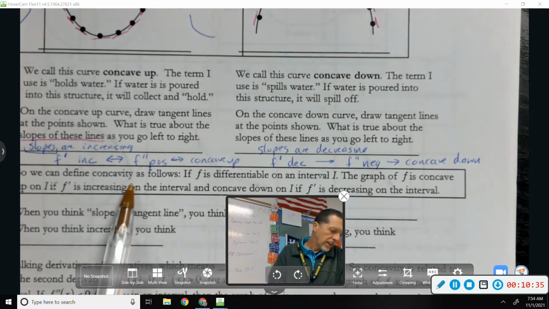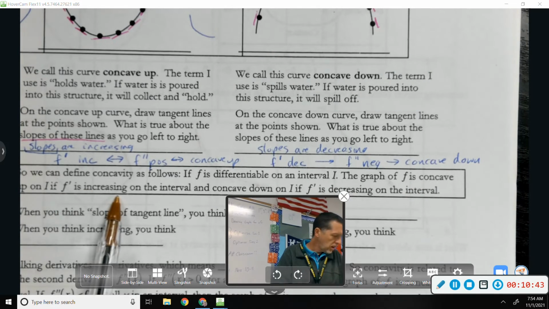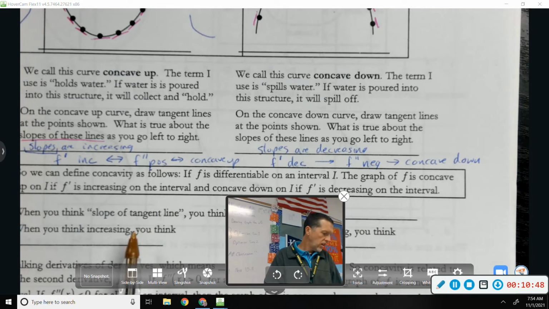So we can define concavity as follows. If f is differentiable on an interval I, the graph is concave up if f prime is increasing, and concave down if f prime is decreasing. When you think slope of a tangent line, what would you put in that blank?